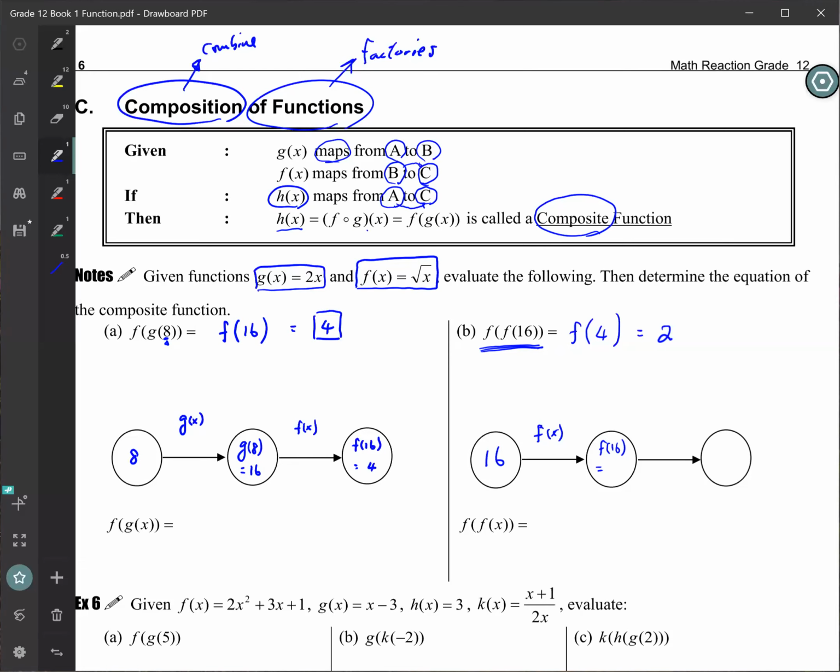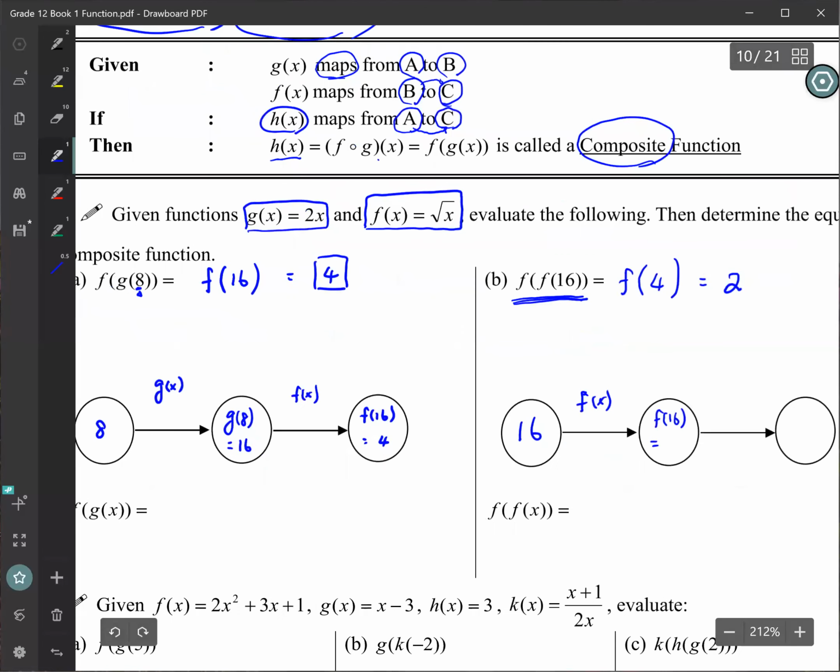8. Why is it 8? I don't know. Do you know how to find f of 16? 4. Why is it 4? How did you get 4?